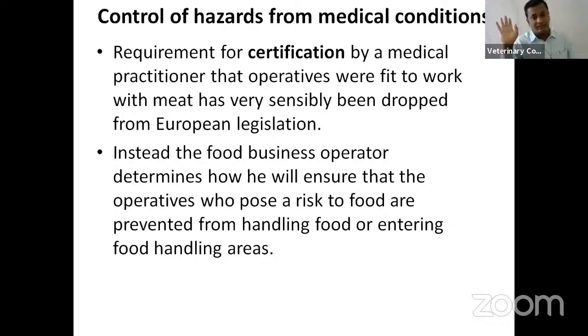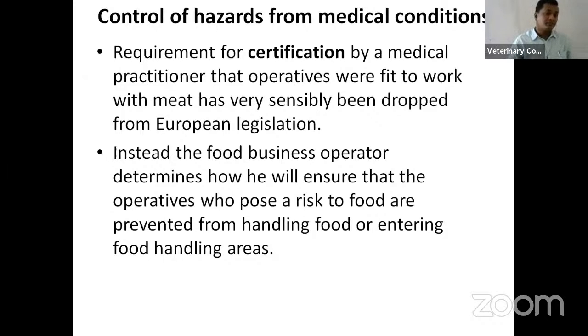Most importantly, salmonella, tuberculosis. These are all infections the operatives can suffer. The individuals who work in the slaughterhouse must be medically fit, and should not suffer from such ailments that otherwise pose a risk to public health, through meat.